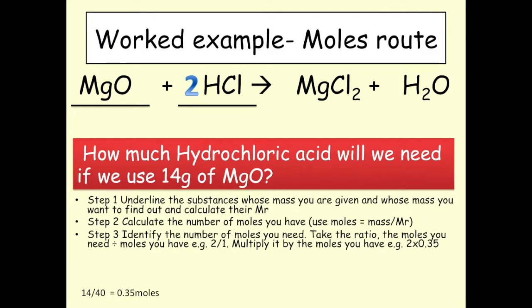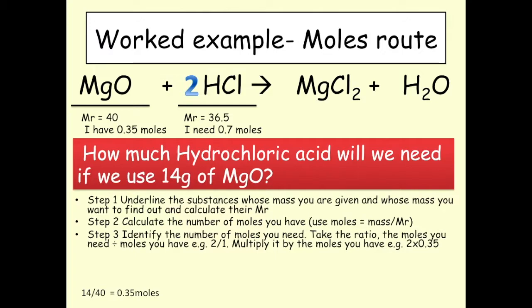Well, 2 times 0.35 moles is going to be the answer. So that's fairly straightforward. It's a 2-to-1 ratio. So we're going to take the 2 divided by 1 to give the ratio and multiply that by 0.35. And that gives us that we're going to need 0.7 moles of HCl to completely react with MgO with no excess left over.